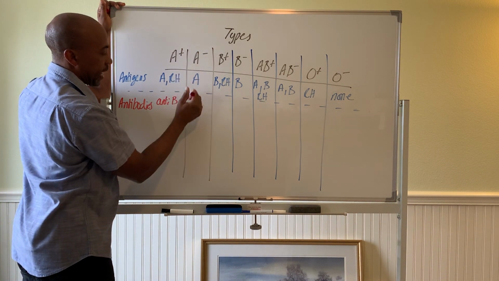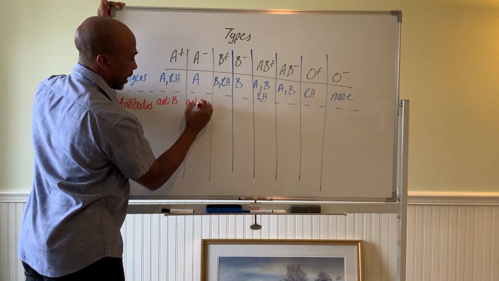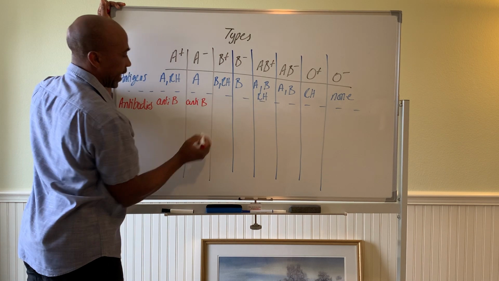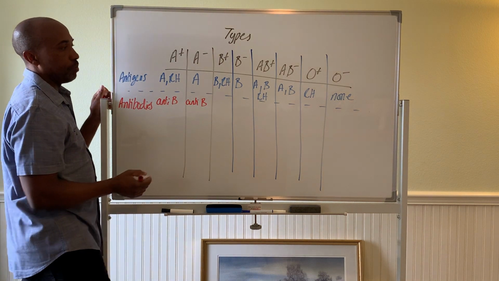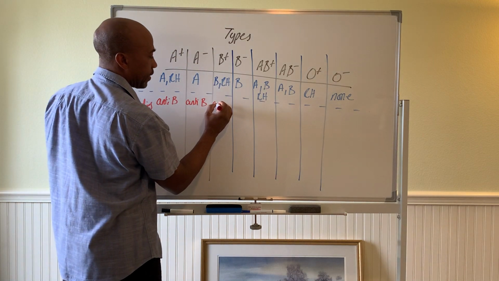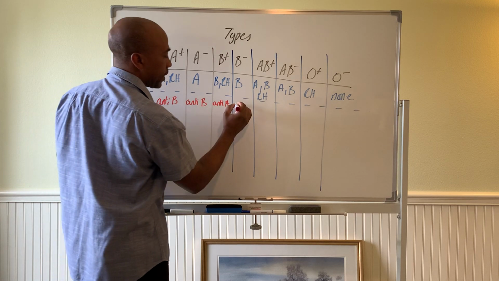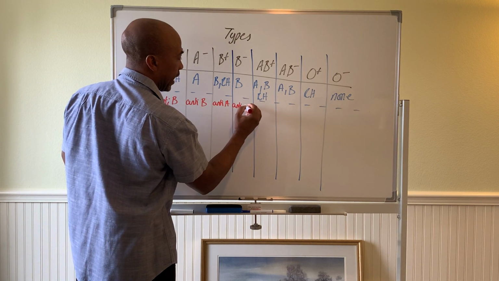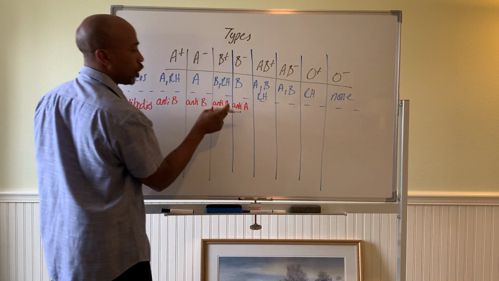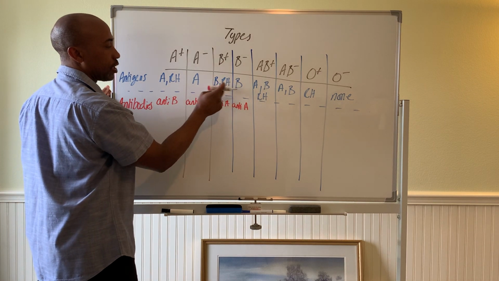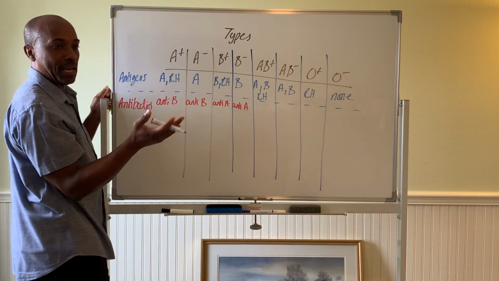And again, if you're A negative, same thing, you would have anti-B antibodies. If you're B positive, you would have anti-A. B negative, same thing, anti-A. Again, because here you have the B antigens, so you cannot have anti-B antibodies.